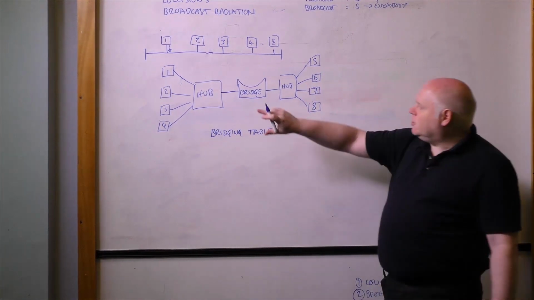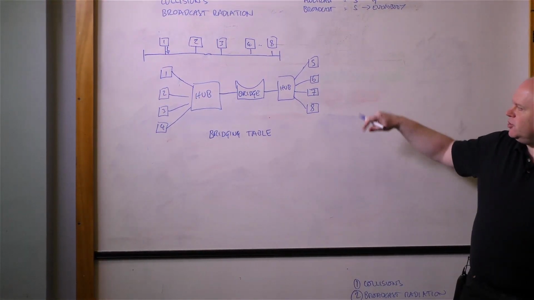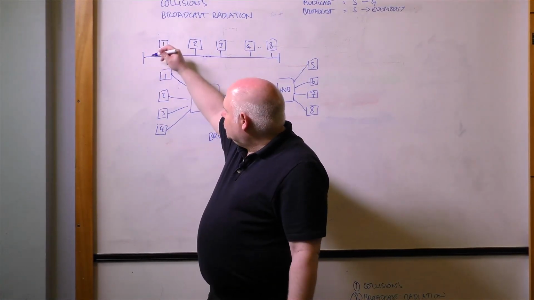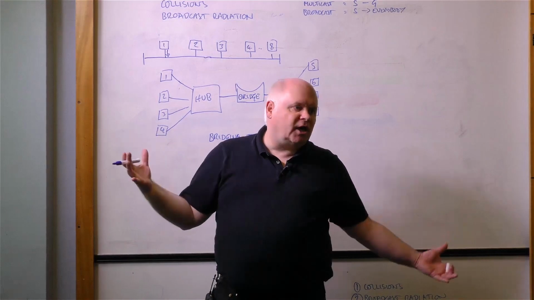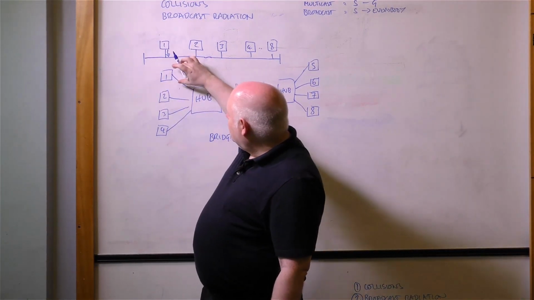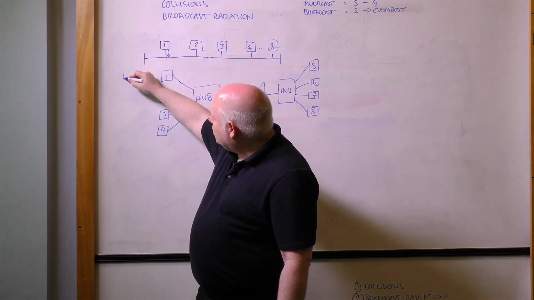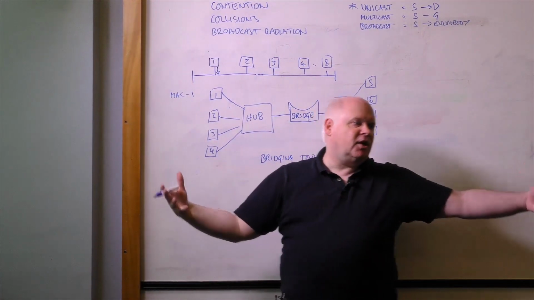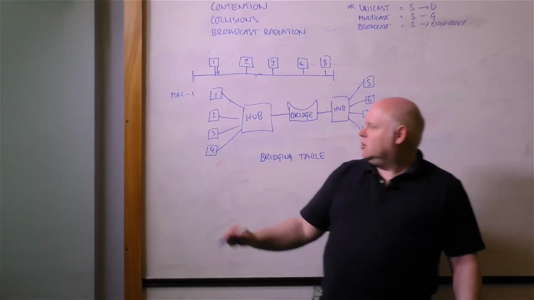Now let's imagine that every one of these computers is going to have its own MAC address. And instead of writing out all the hexadecimal every time, I'm just going to say that the MAC address of 1 is going to be MAC 1. Really, it would be a big hexadecimal thing. Okay?